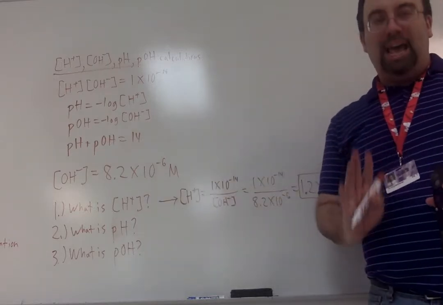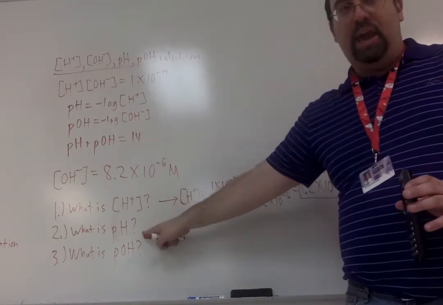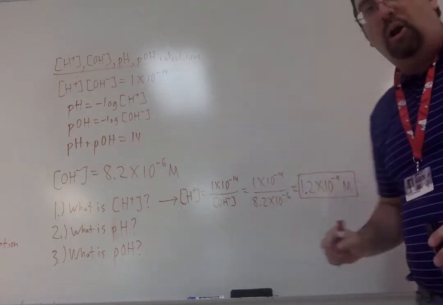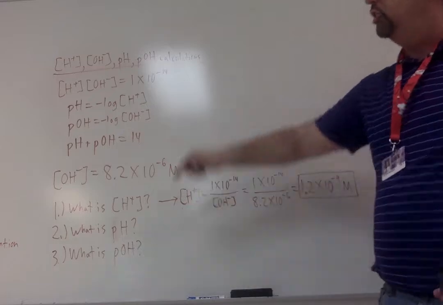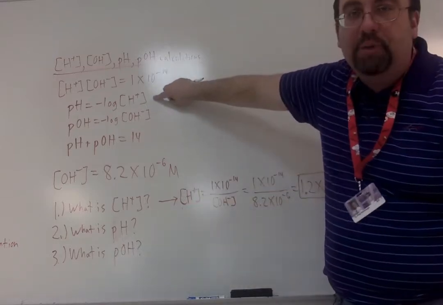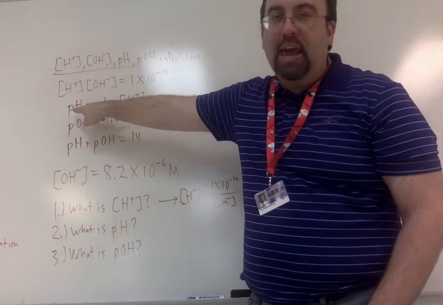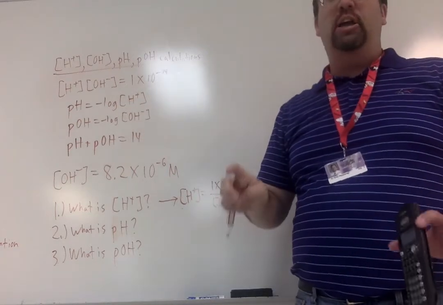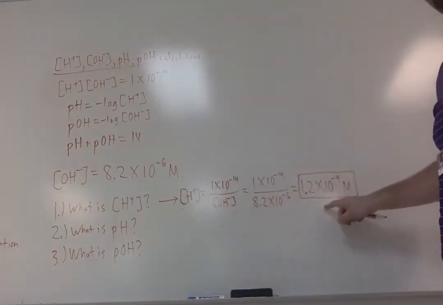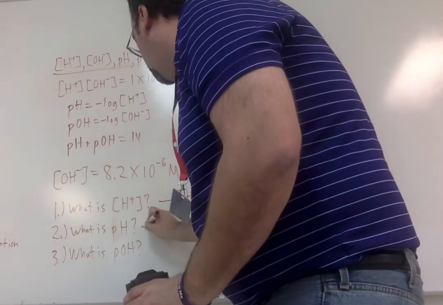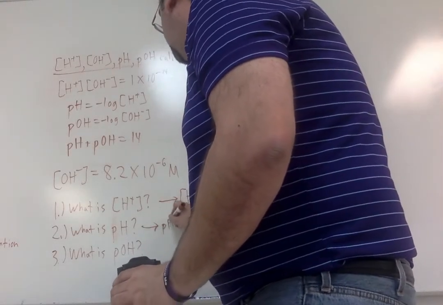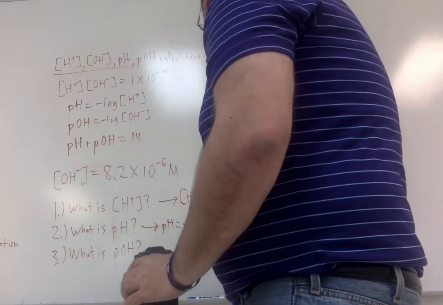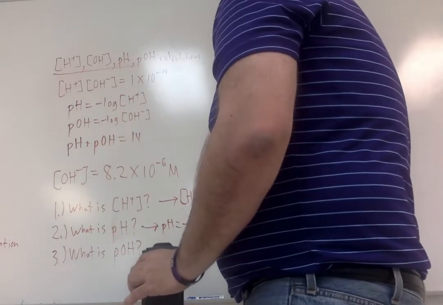All right, next question, what is the pH? This is easy to solve because we now know our hydrogen ion concentration. So according to this equation up here, to find pH, we just take the negative log of the hydrogen ion concentration, which is what we got here. So pH equals the negative log of 1.2 times 10 to the minus 9.